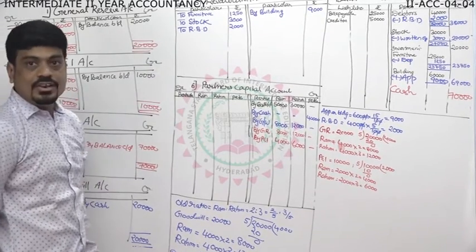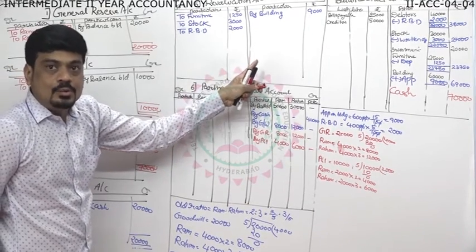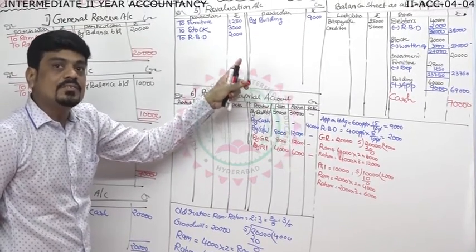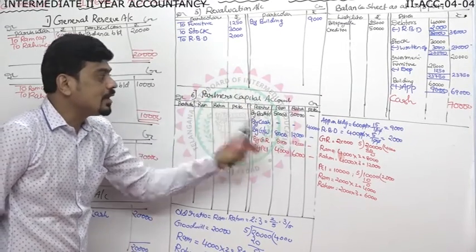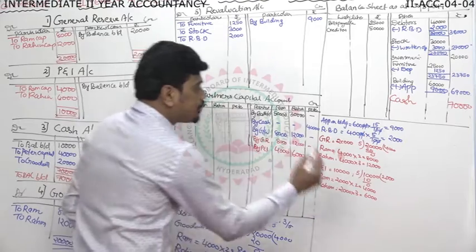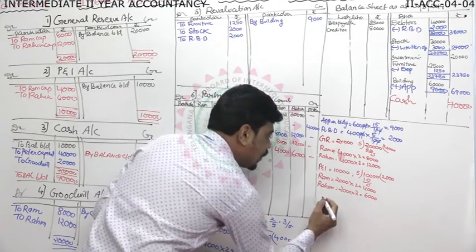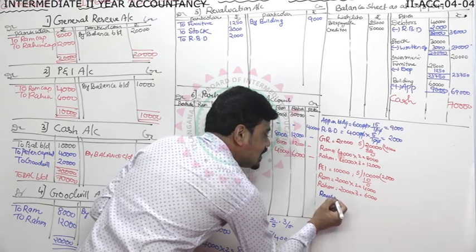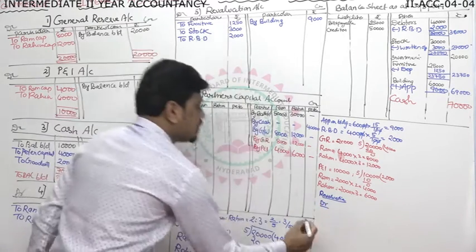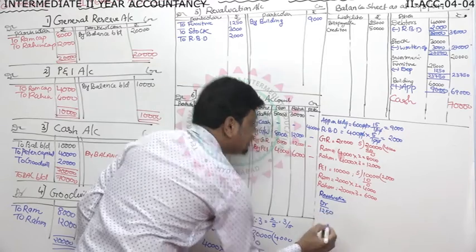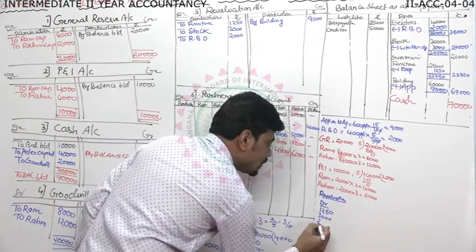Now we have the revaluation account. Again, the revaluation account is a nominal account. So whatever difference we get will represent either profit or loss, which will be distributed among the partners. Here I am doing the working for the revaluation account. Debit figures: 1,250, 3,000 and 2,000.